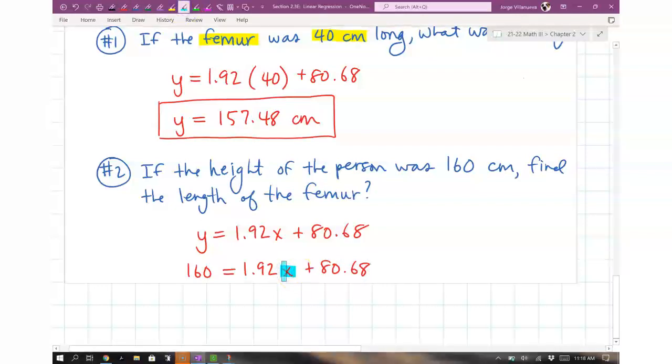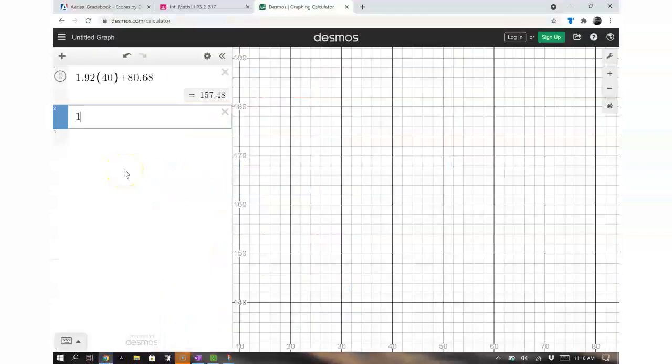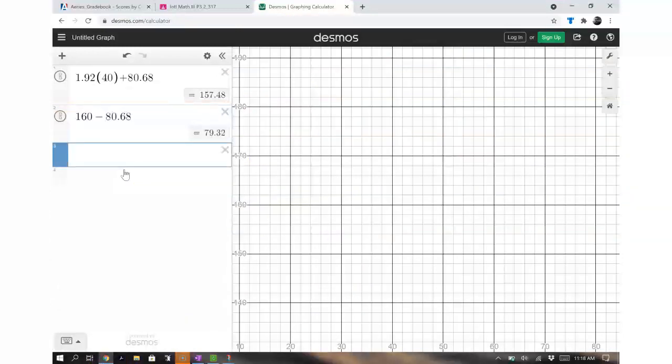Solve for that letter right there. So to solve for that letter, what do I move first? 80.68. All right, so let's get rid of the 80.68. And again, I don't have my calculator, so I'm going to have to use Desmos. So 160 minus 80.68, that's 79.32.